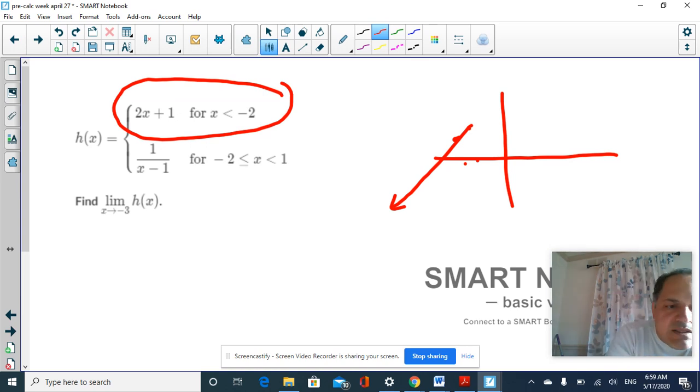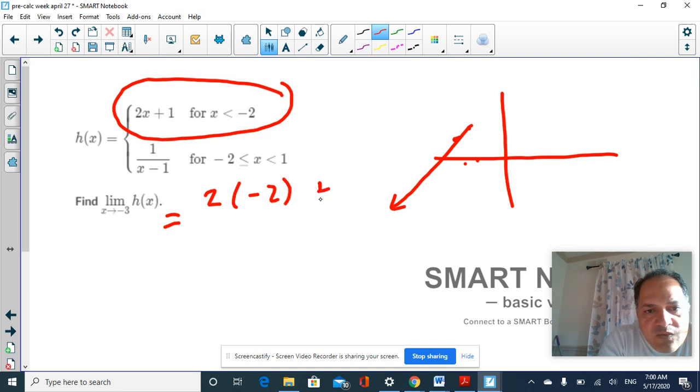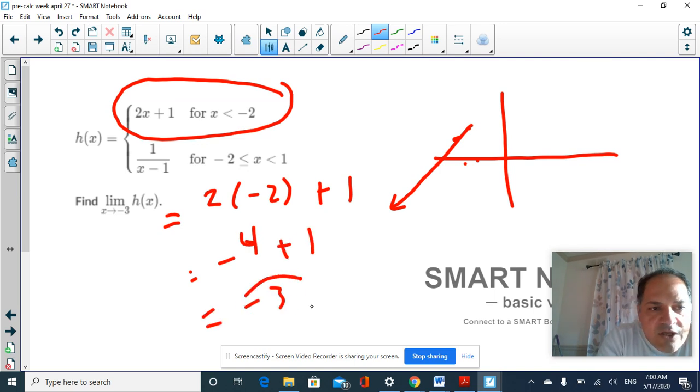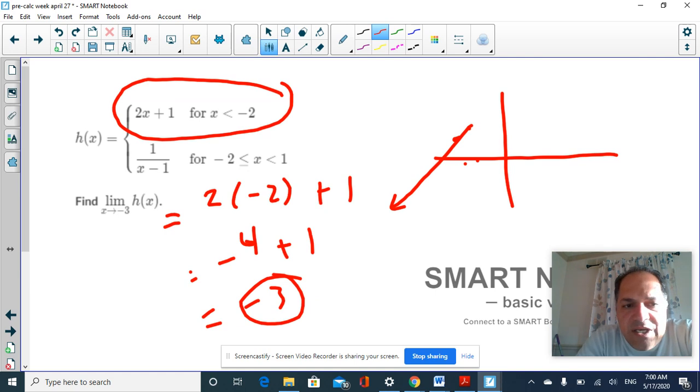If you plug in -3, it's 2 times -3 is -6, plus 1 is what? Is -5. So the limit of the function when x approaches -3 is equal to -5. Okay, does it make sense?